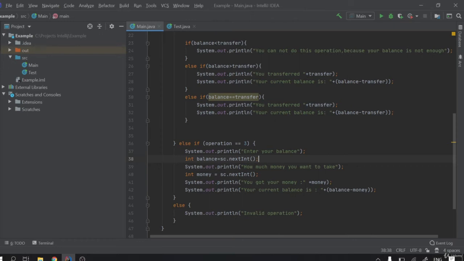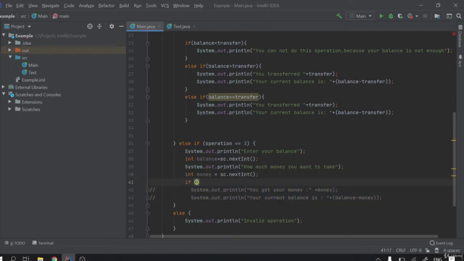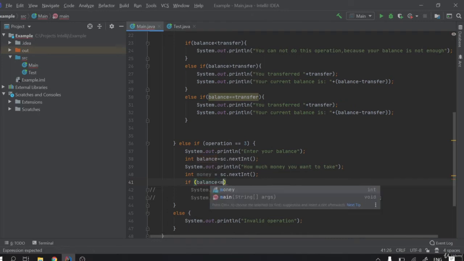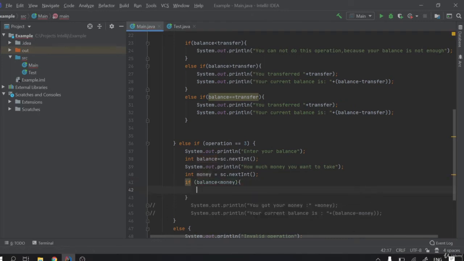So let's write like this, and I'm going to write if balance smaller than money, SOUT, let's write your balance isn't enough to do this operation.